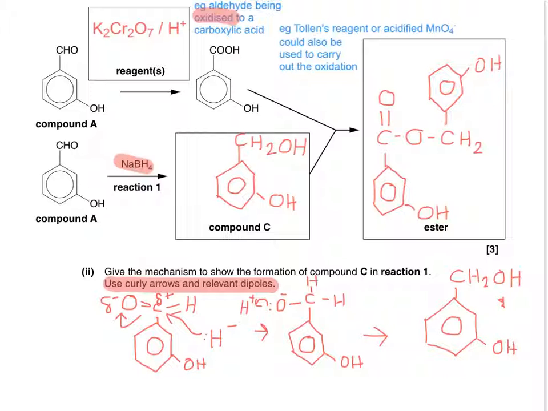So apologies for not mentioning that a few minutes ago, but yeah, you could also use Tollens or acidified MnO4-. Any legitimate oxidizing agent like that you come across at A level.